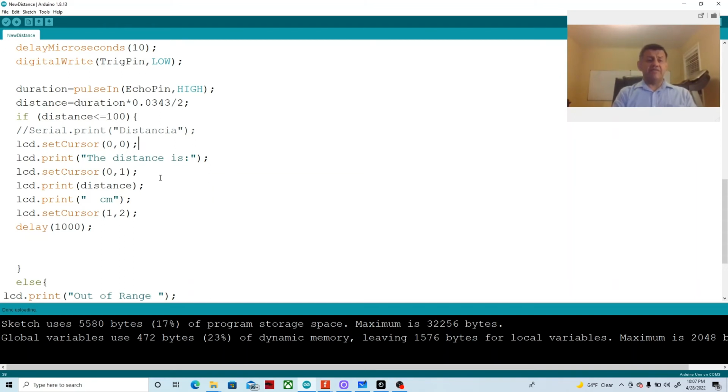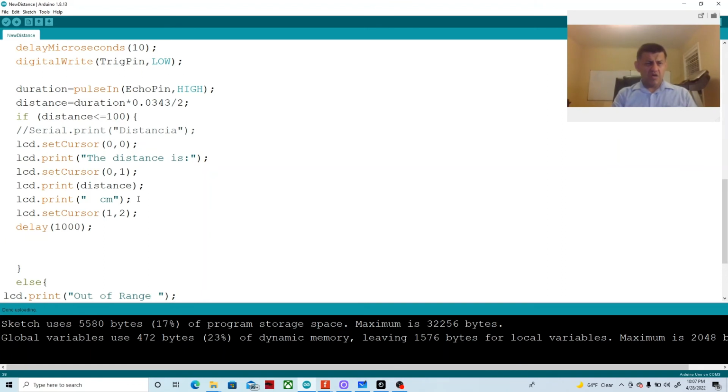Some of this stuff I think I wrote with the purpose of seeing it in the monitor. I don't know if I will do that, but just for debugging purposes.